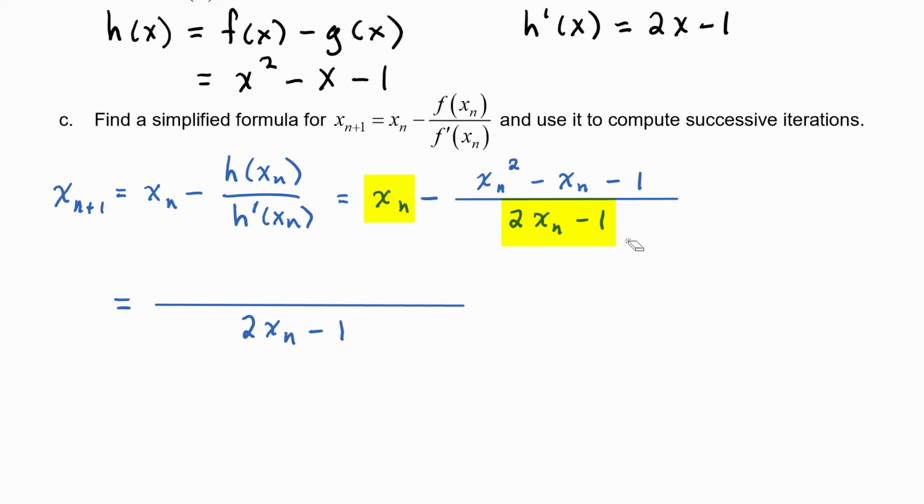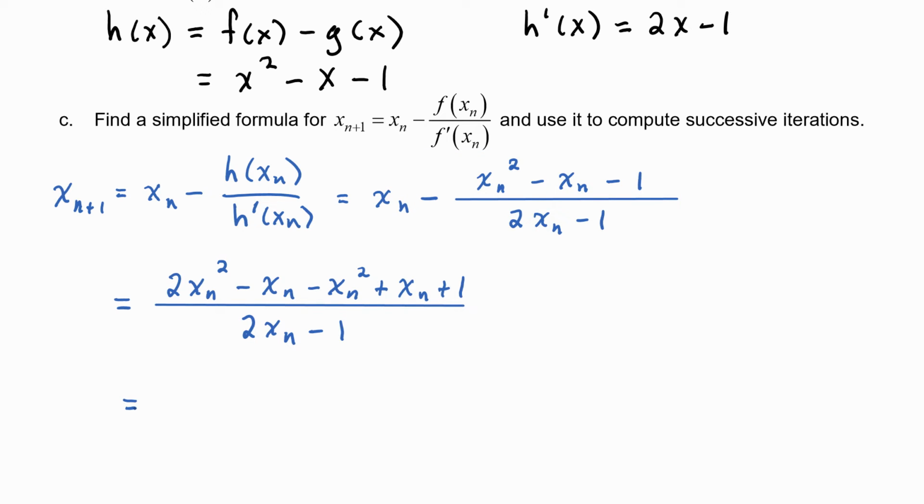So when we take this times this, we're going to get 2xn squared minus xn. Then we have to distribute this negative sign to all three terms of the second rational expression here, and we get minus xn squared plus xn and plus 1.